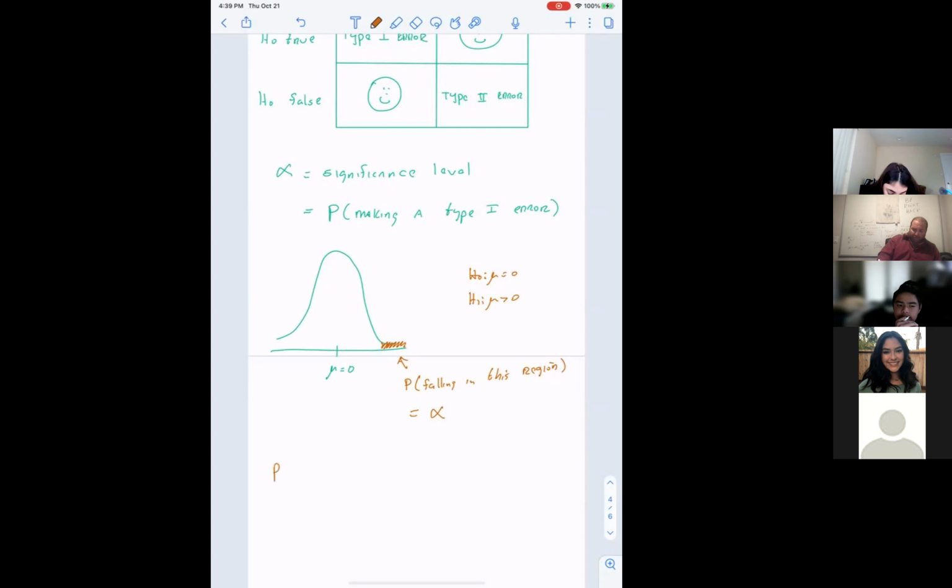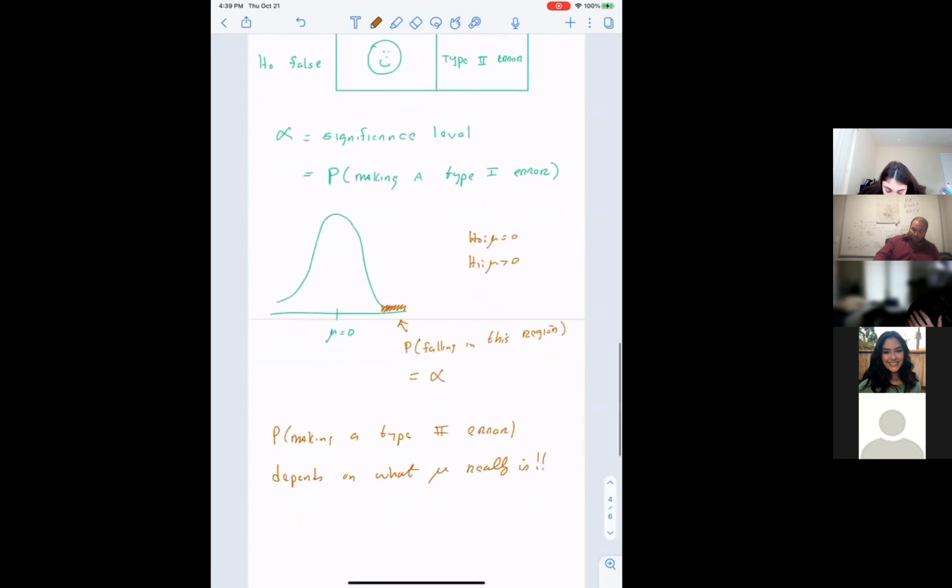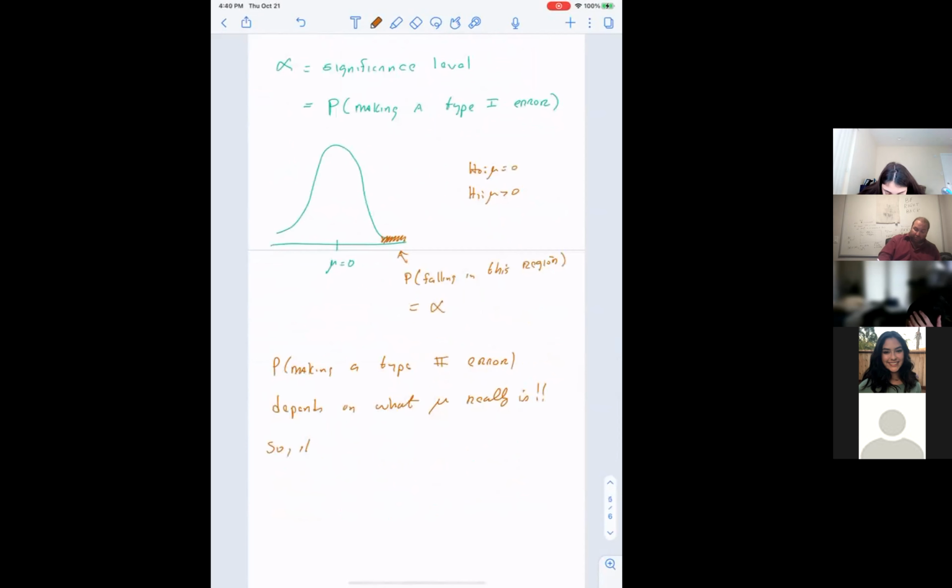So the probability of making a type 2 error depends on what mu really is. So it's different for each specific alternative.